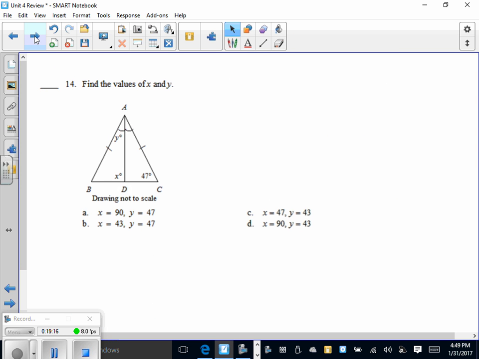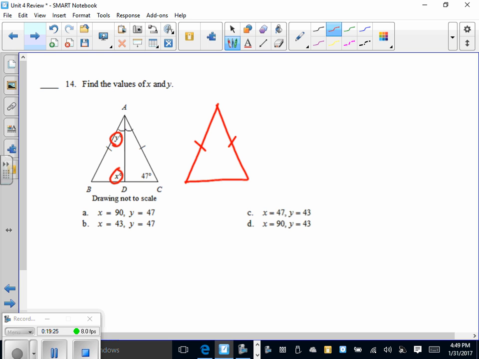Number 14, find the values of X and Y. Looking at the big triangle, it says this side is congruent to that side. By the isosceles triangle theorem, we know that if these two sides are congruent, these two angles, called base angles, are congruent.